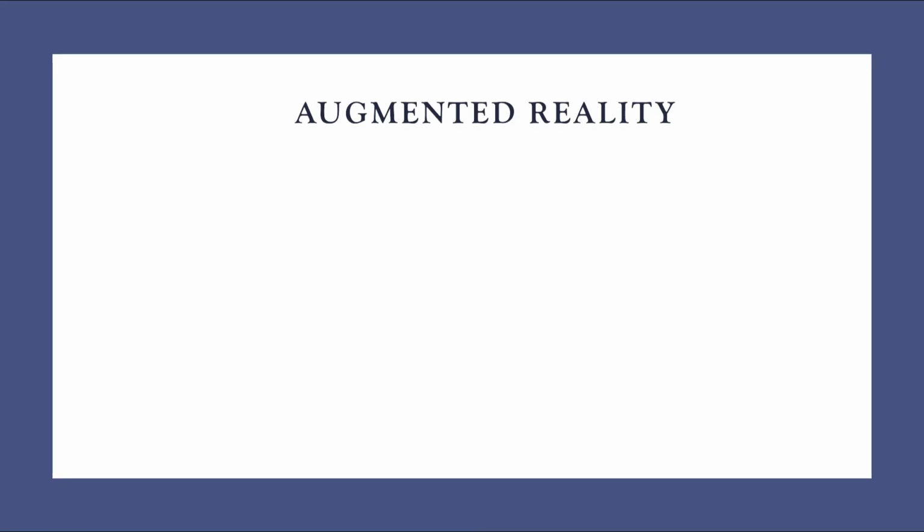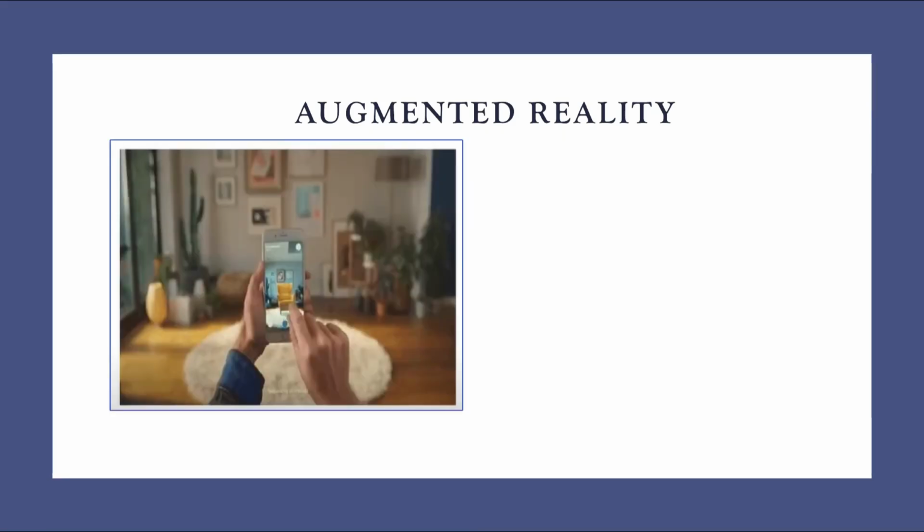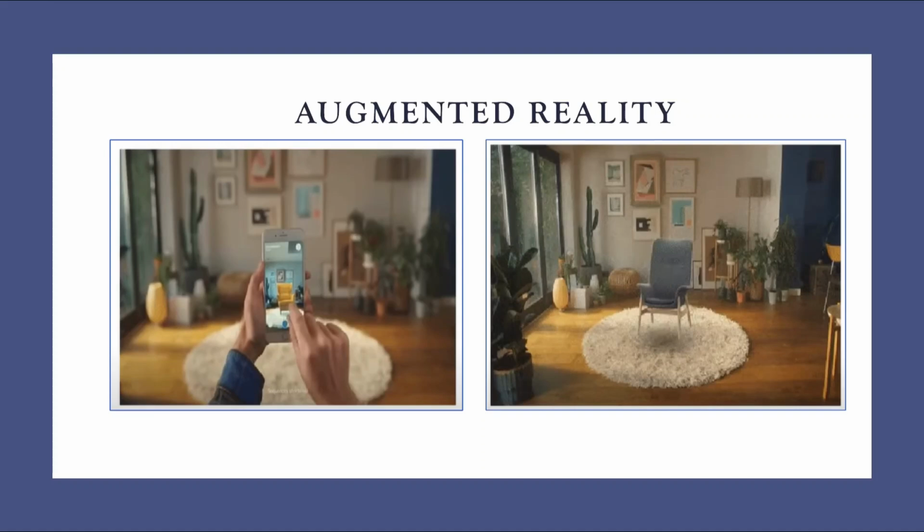Augmented reality. You might have experienced while doing online shopping, like you will be selecting an object and you get a feature of checking whether this object will fit into your room or how it looks in your room. This is how you used to select your objects and purchase the products. Sometimes the object will look good or not, right?